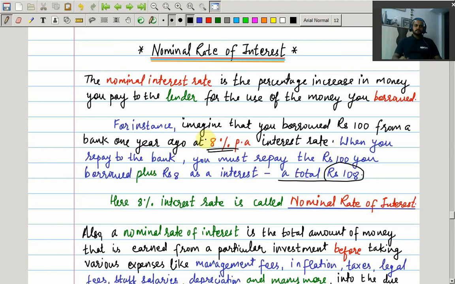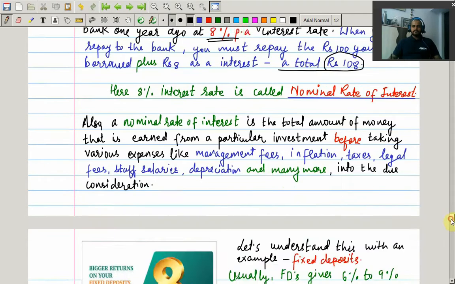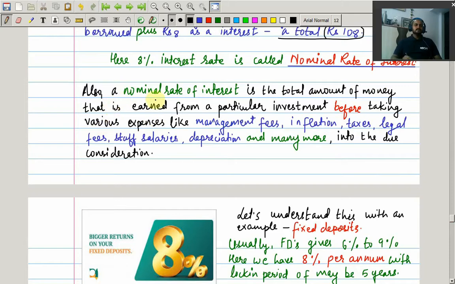So in all the examples which we have seen previously, all the rates were nominal rates of interest. Let's read further here. 8% interest rate is called nominal rate of interest. Also, a nominal rate of interest is the total amount of money that is earned from a particular investment. This is very important.